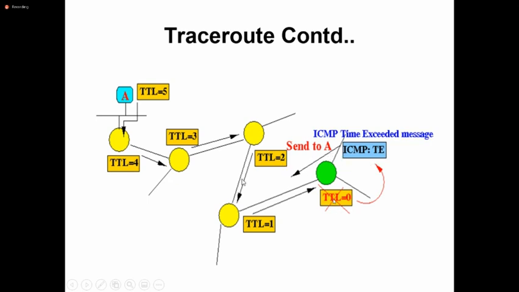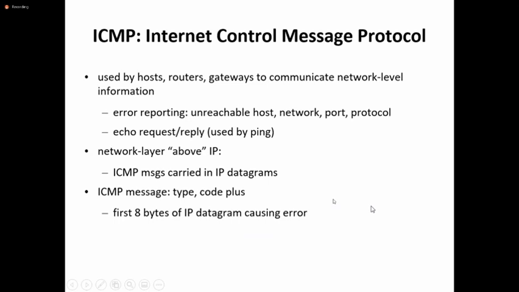Yeah, so sending to A. A will send the packet. If it expired in the middle, then there will be a reply saying TTL expired, or time exceeded. Right, so this is the protocol used for ping and traceroute and so on.